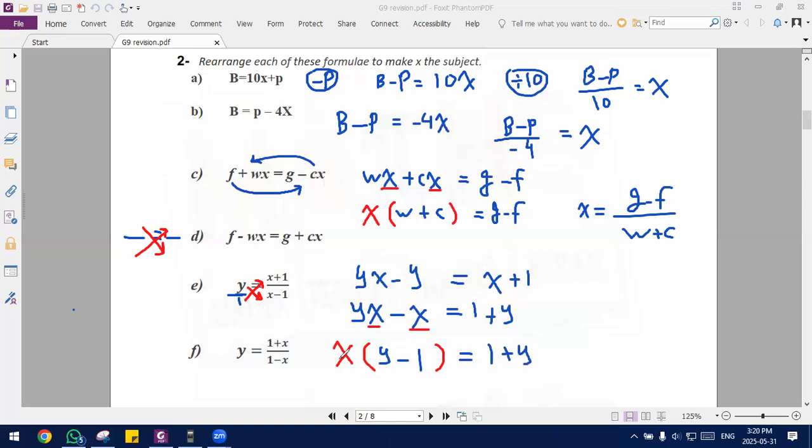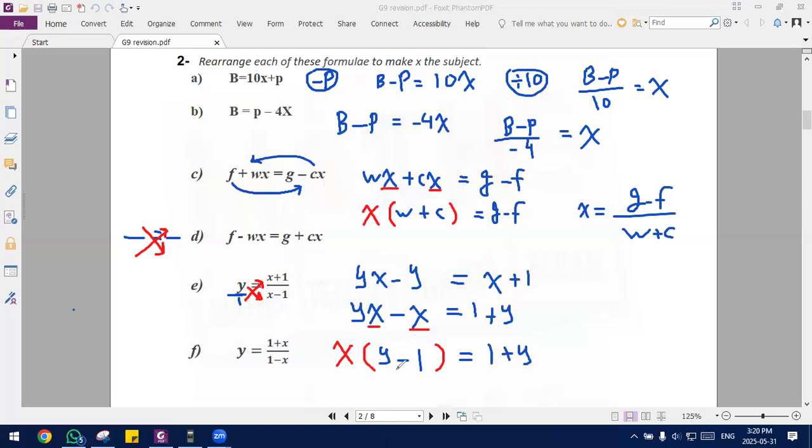Now, how can I keep x the subject? Keep it alone. Divide by what? Divide by x, so I remove it. X equals 1 plus y, and I need to get rid of this y minus 1. So what should I do?